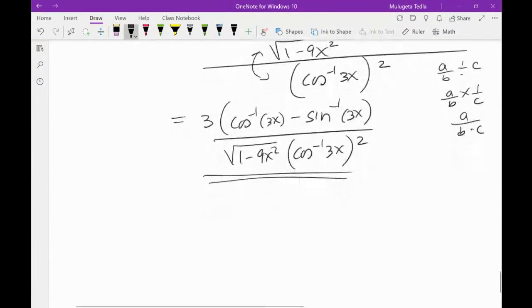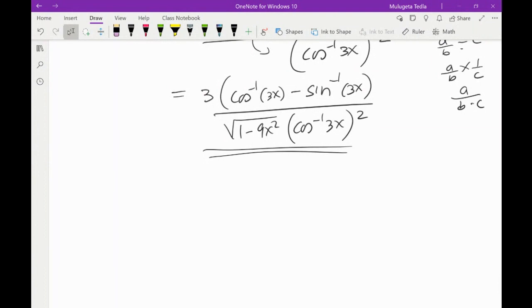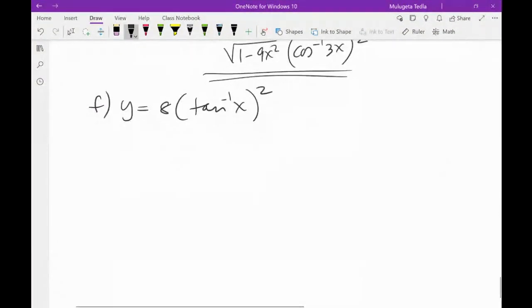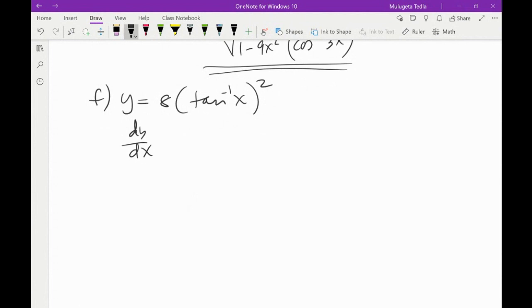Okay. Now, next question is F, which is y equal to 8 tan inverse of x squared. So the derivative dy by dx is 16 tan inverse of x to the power of 1 times the derivative of the inside.